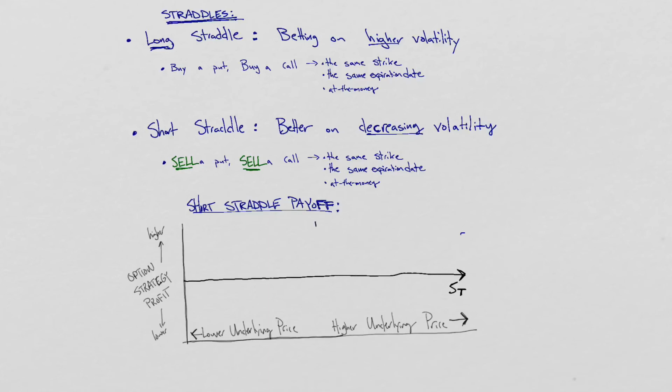So if the underlying stays at the strike, let's say it's $20 still, and let's say that when you sold, you collected a $3 premium for each of the put and the call that you sold, so a net premium of $6.